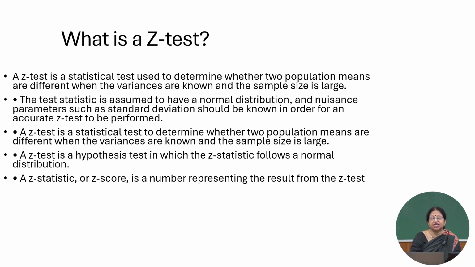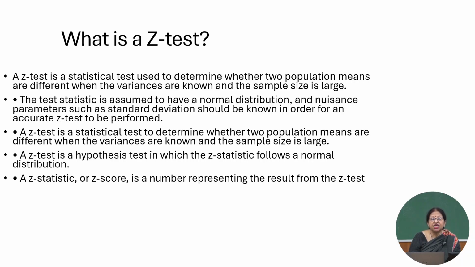What is a Z-test? A Z-test is a statistical test used to determine whether two population means are different when the variances are known and the sample size is large. The test statistic is assumed to have a normal distribution, and nuisance parameters such as standard deviation should be known in order for an accurate Z-test to be performed.